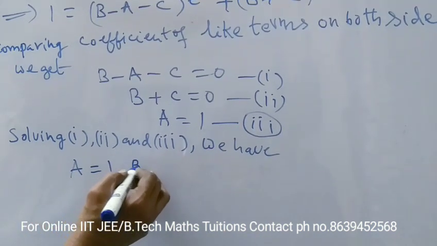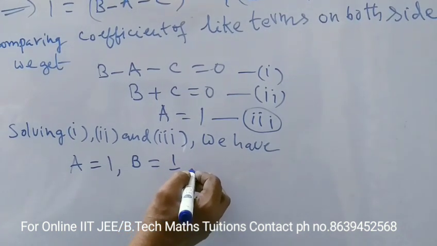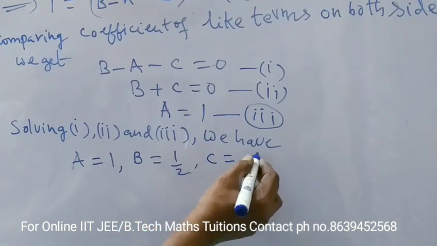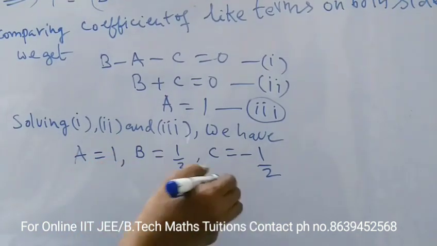b is equal to 1 by 2, and c is equal to minus 1 by 2. After solving, we got the values a, b, c.